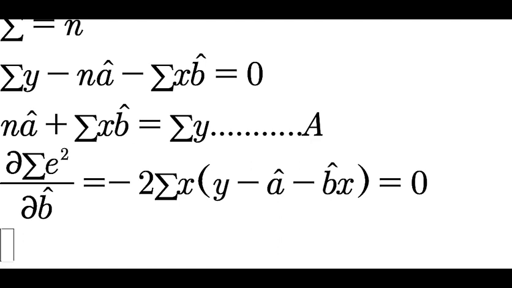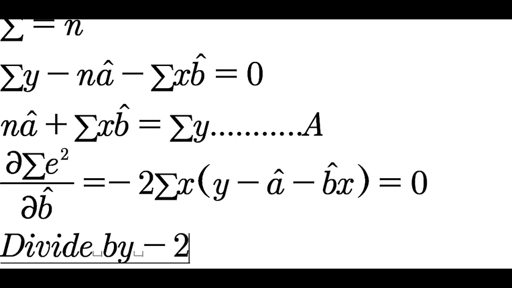But we know that minus 2 is not equal to 0. But without setting each of them equal to 0, let us do as we did in our first partial derivative. What did we do? We divided by minus 2. At this point we are taking only the right hand side.